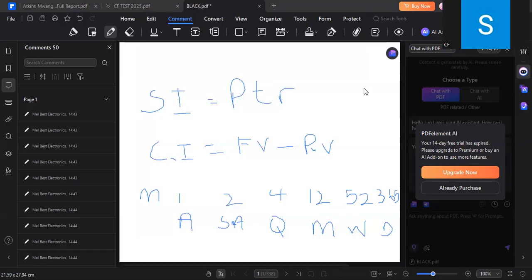Now we talked about the type of interest, the simple interest. Simple interest is simply interest that is based on the initial amount. So if you have a principal of 1,000 kwacha, that's the money you started with, and the time in years has been given as 3 years.